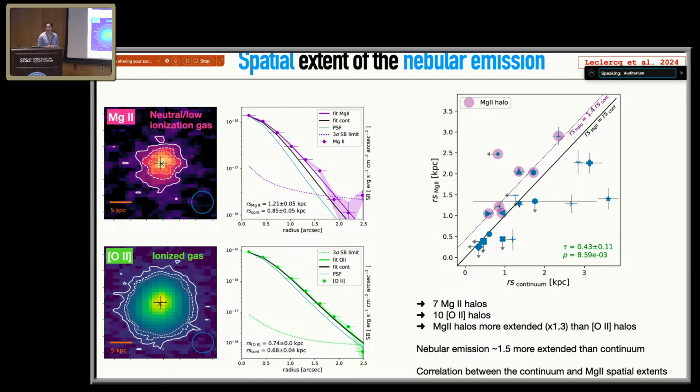What is interesting is that when both magnesium II and O II are more extended than the continuum, magnesium II is always more extended by a small factor, 1.3, than the ionized phase. And the nebular emission is more extended by a factor of 1.5 than the continuum, but this is certainly a lower limit, as there might be some sensitivity limitation here.